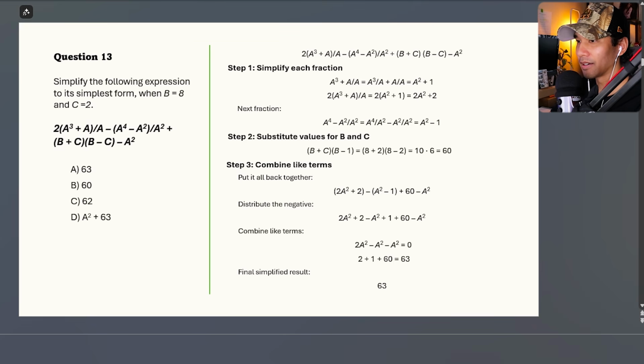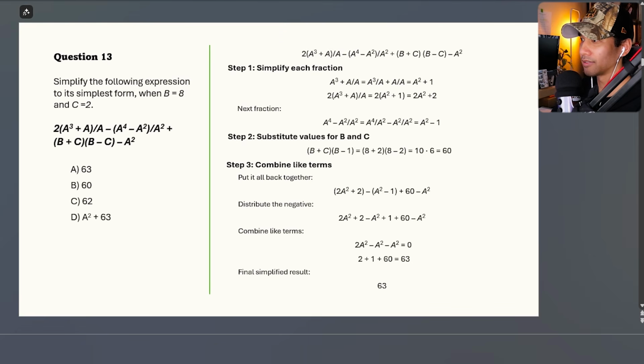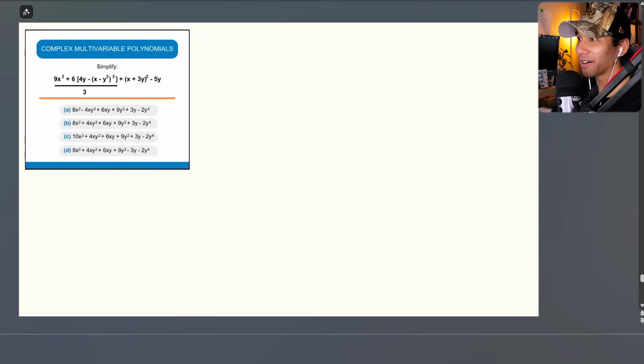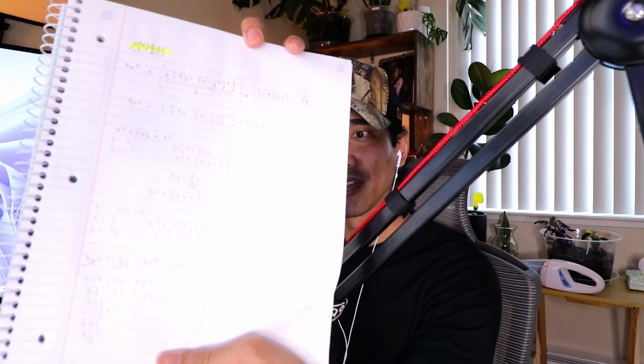But man, that one that I'm about to do is going to take forever. And it's going to take even more time because I'm trying to explain it. But just doing it, right? I've done it like 3 or 4 times. But here's the whole problem, with a little bit more right here.